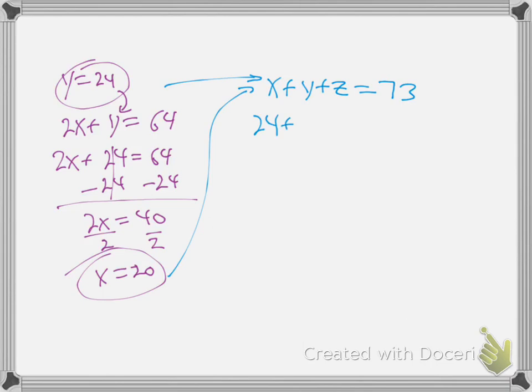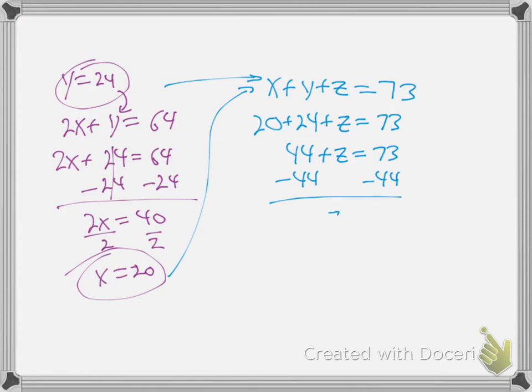So 20 plus 24 is 44, and z is 29. There we go. So that's not hard, right? Not too bad. Nothing amazingly new there. It's just a lot of equations, a lot of letters. Gotta be careful. Questions I can answer on that?